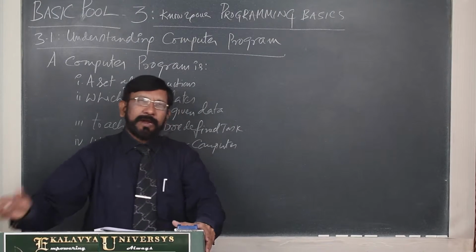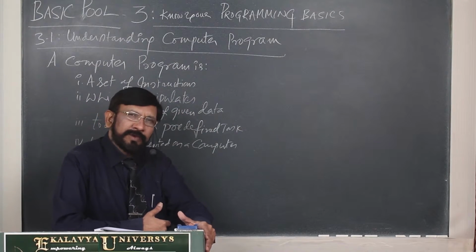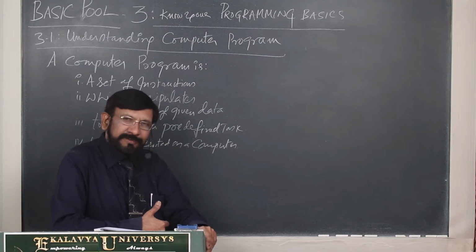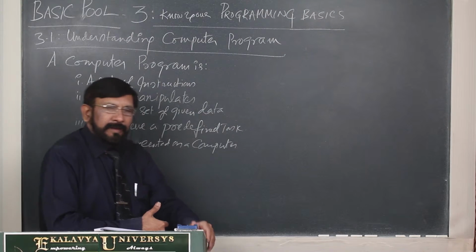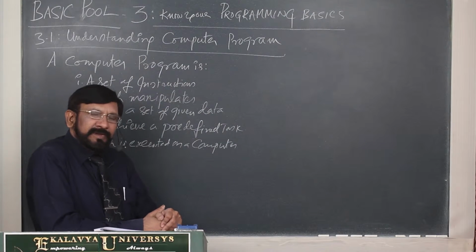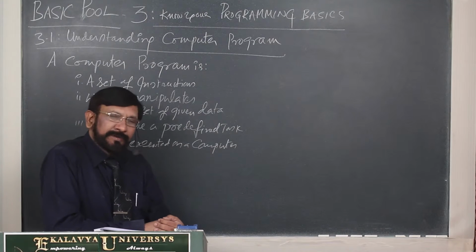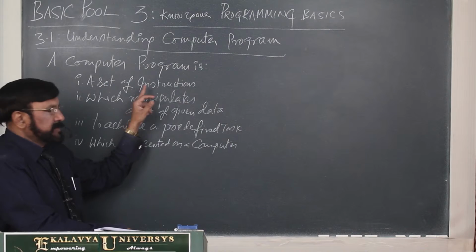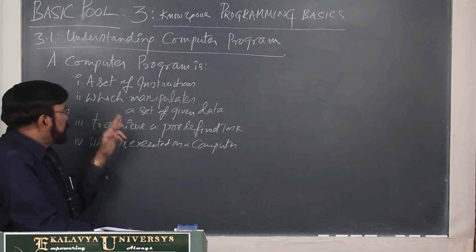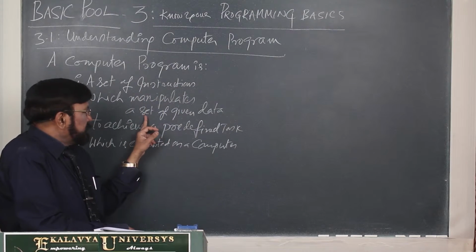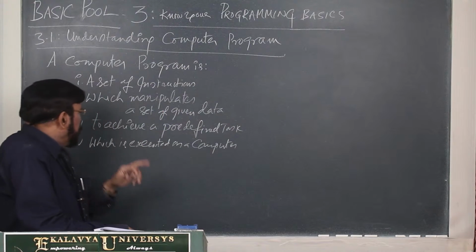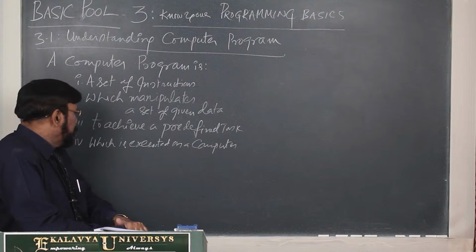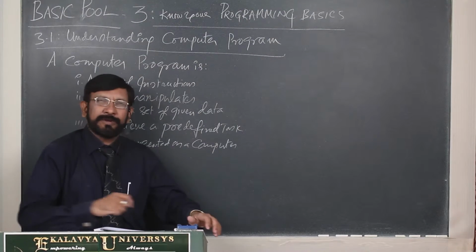We have understood that a computer performs our computational task strictly according to our instructions. First, let us consider the computer program definition. A computer program is a set of instructions which manipulates a set of given data in order to achieve a predefined task, and which is executed on a computer.